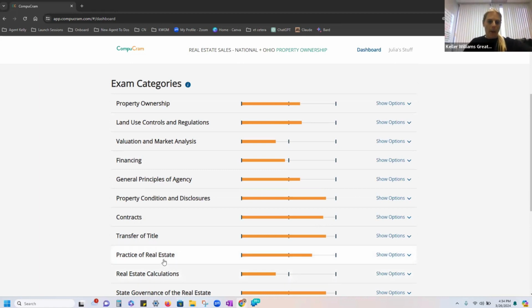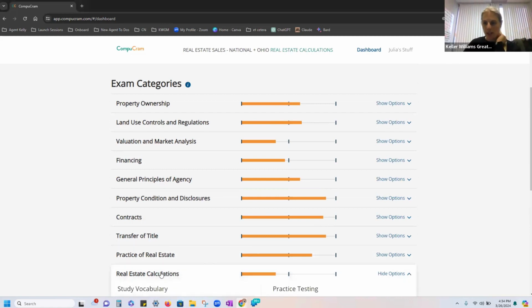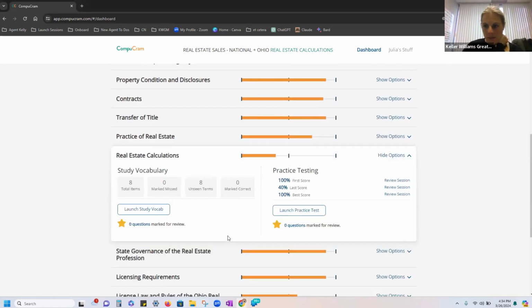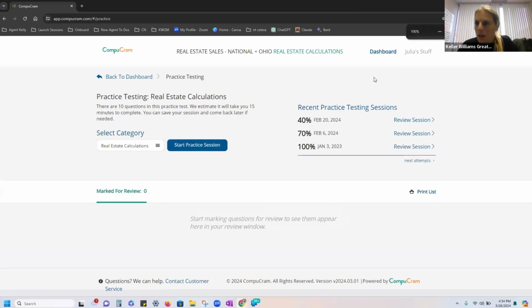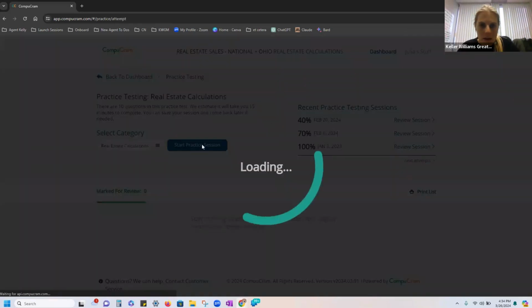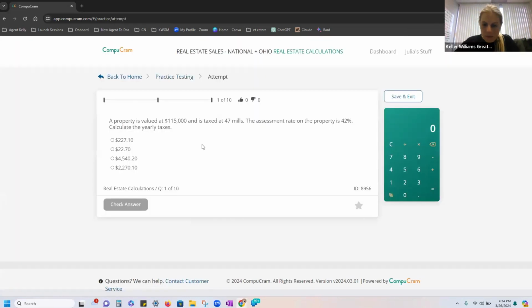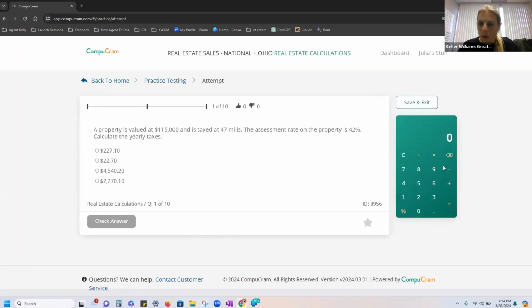Perfect. All right. Real estate calculation. A property is valued at $115,000 and is taxed at 47 mils.